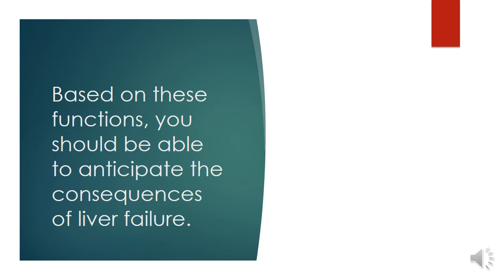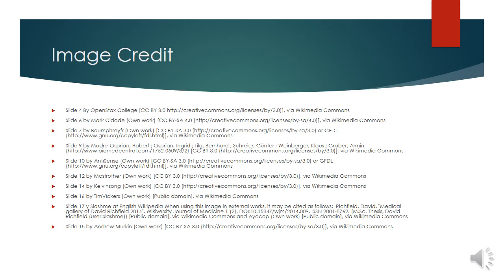What are the consequences when you lose the ability to detoxify rapidly, in either phase 1 or phase 2? What are the consequences of protein metabolism and ammonia shuttling to the urea cycle? These are all important functions that the liver provides, and by understanding these functions, you can then better anticipate what you would expect to see when you're presented with a patient with hepatic failure.